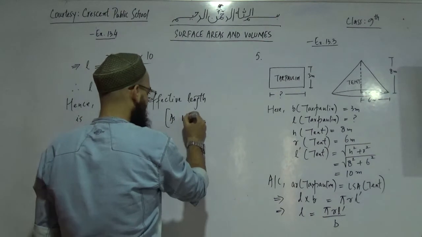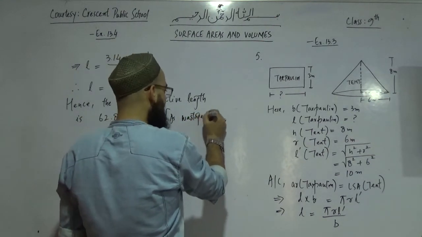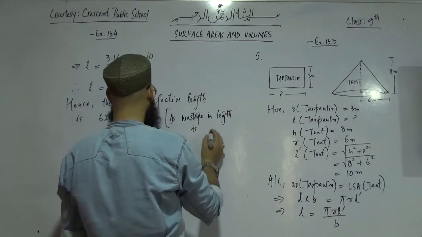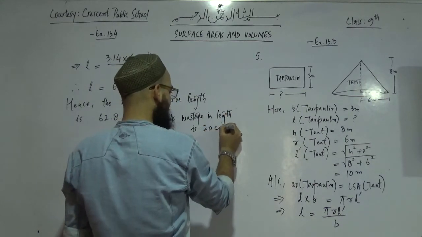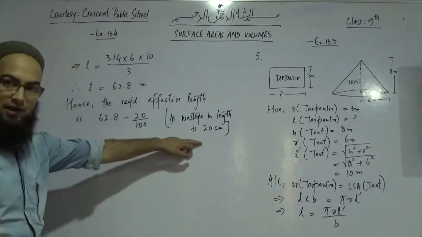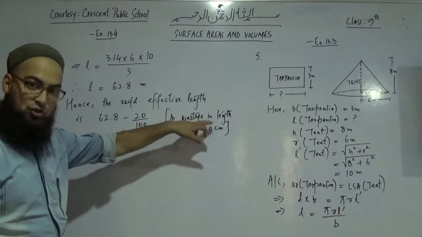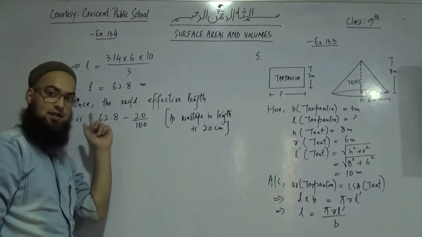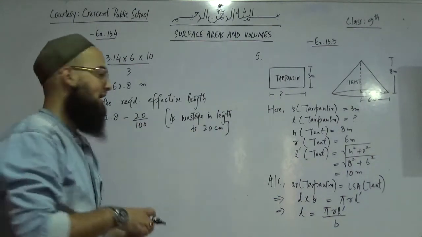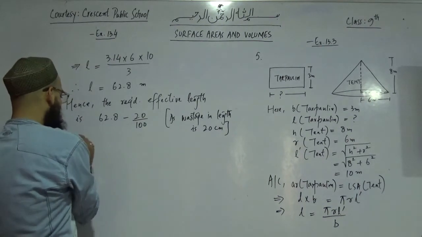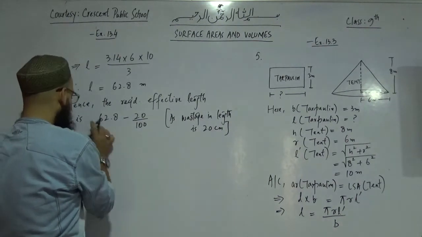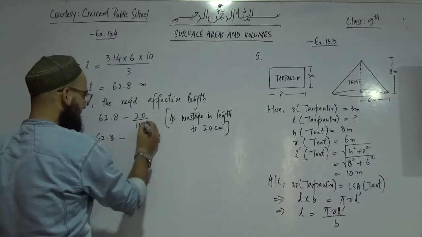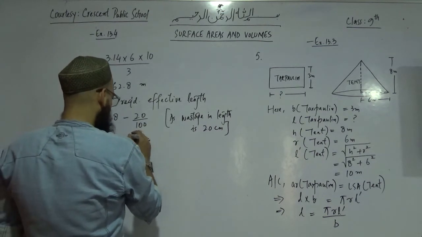Wastage in length is 20 centimeter. So we need to subtract this 20 centimeter from the length. That's the effective length, because this is wastage in length. So that will give you 62.8 minus 0.2.